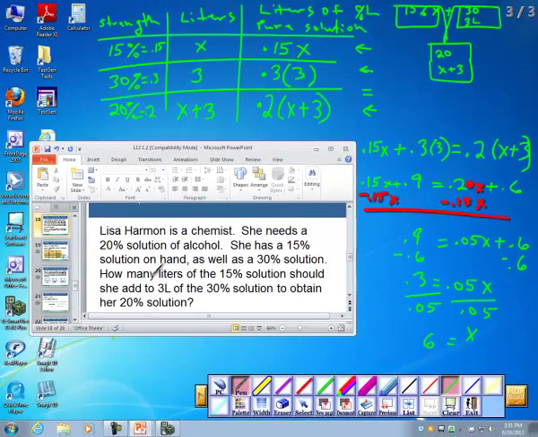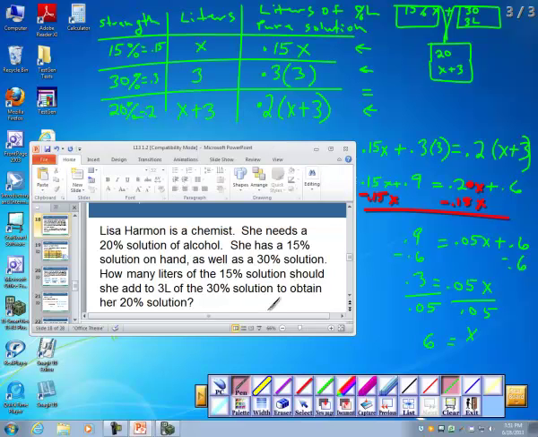But we want how many liters of the 15% solution should be added to 3 liters of the 30% solution to obtain your 20% solution. So the x represents what? Harley? 6. Yes, x is 6, but look back up at the table. Liters for the 15% solution.